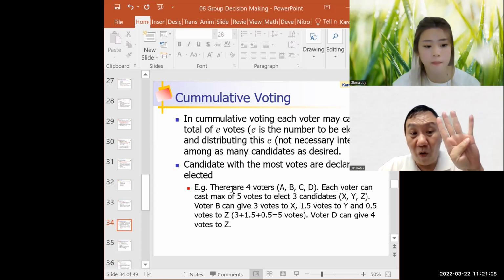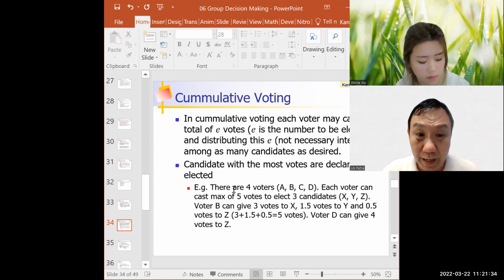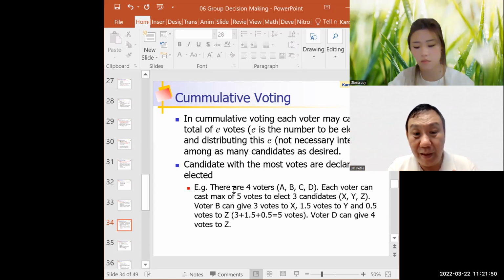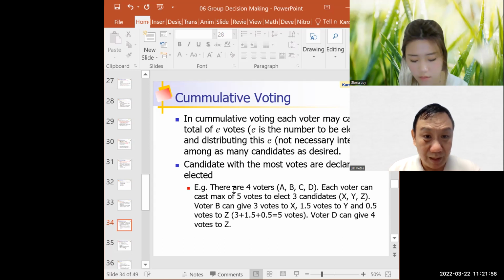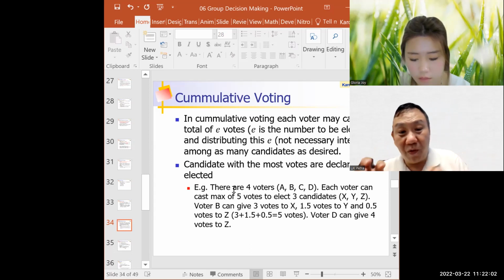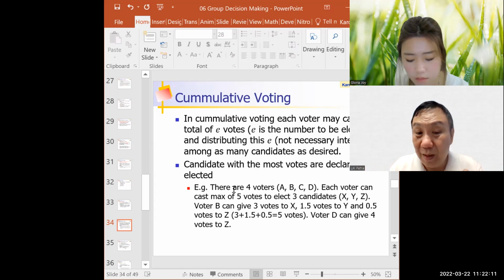There are 4 voters, for example. These are the board members of a company: A, B, C, D. Each voter can cast, for example, 5 votes to the elected candidates, 3 candidates: X, Y, and Z. So voter B, for example, will give 3 votes for X, 1.5 votes for Y, and 0.5 votes to Z. So the total is 3 plus 1.5 plus 0.5, that is 5 votes, right?